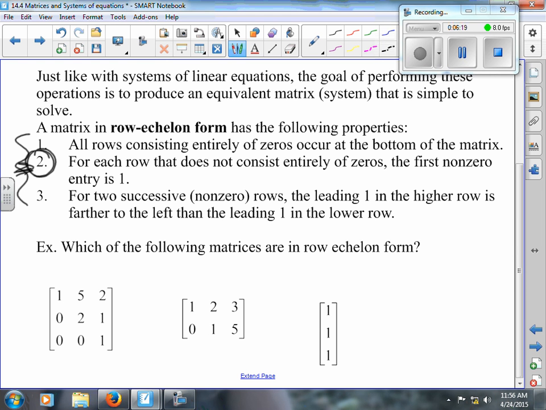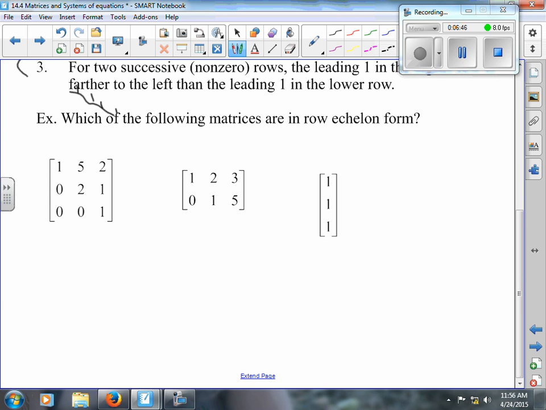You need the first entry in the row to be 1. So you go row by row. If you have any 0 rows, they have to go at the bottom. And then as you read across the row, the first number you should read should be 1. And then the other thing is you have to have this sort of diagonal where the ones get more to the right the further you go. Now a 1 can be directly below, but it can't be to the left.